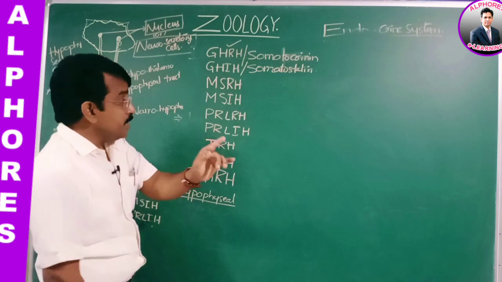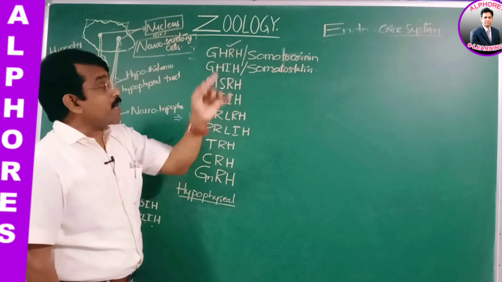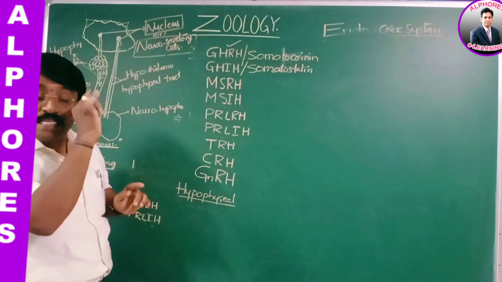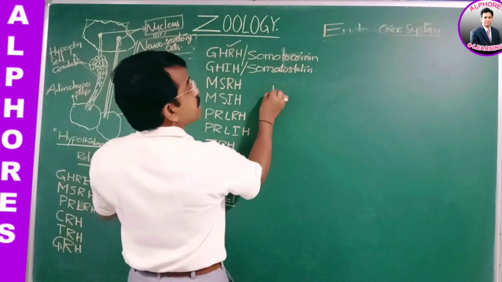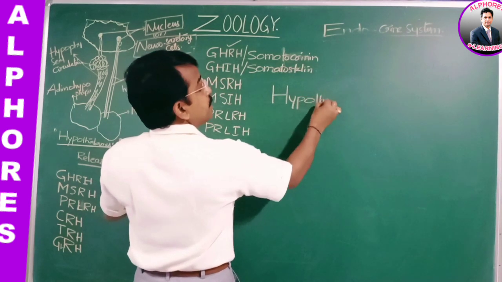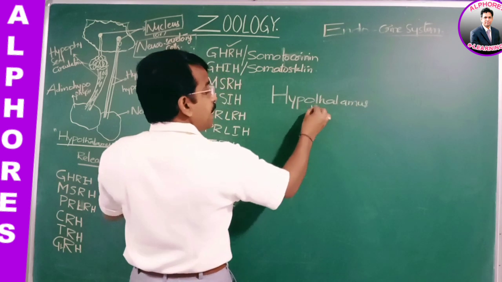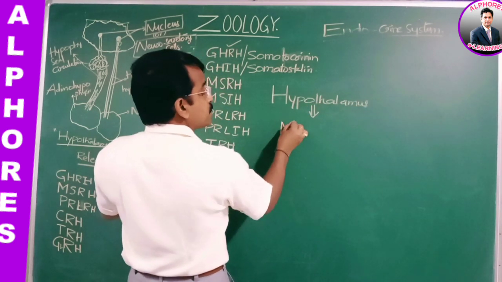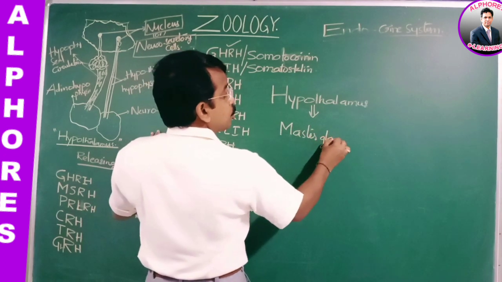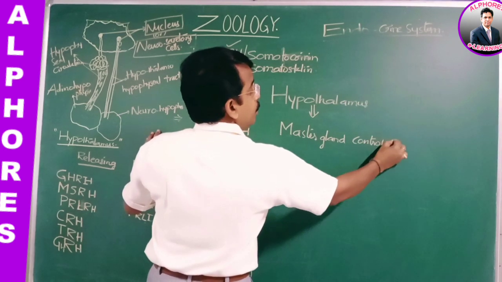Right? But here the pituitary, however it is a master gland, its hormones are also under the control of the hypothalamus. This is the reason why the hypothalamus is said to be treated as, considered as the master gland control center.